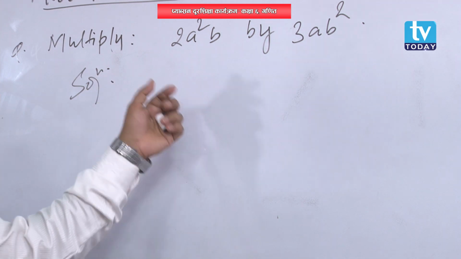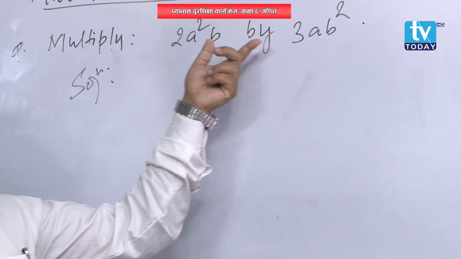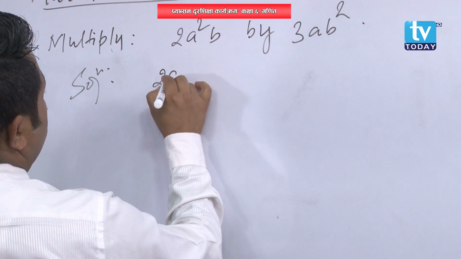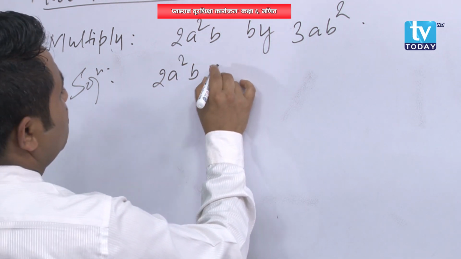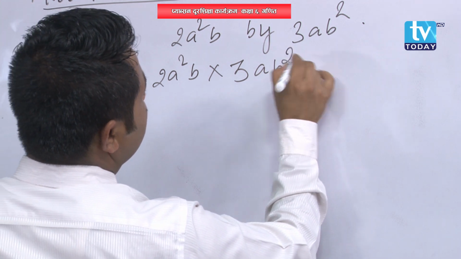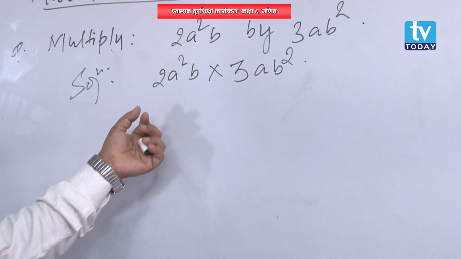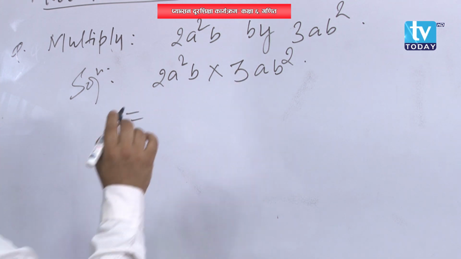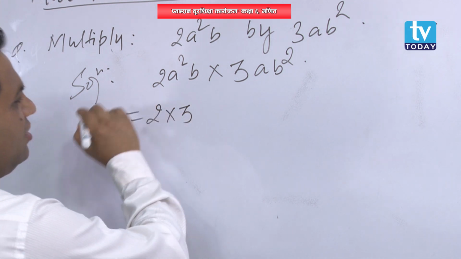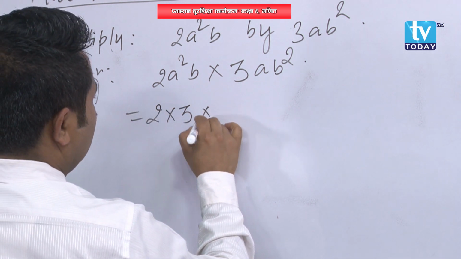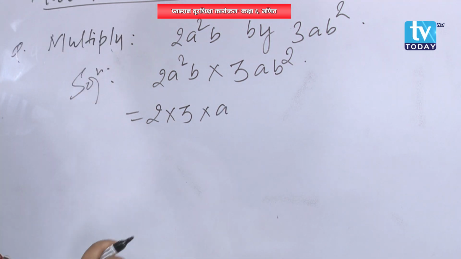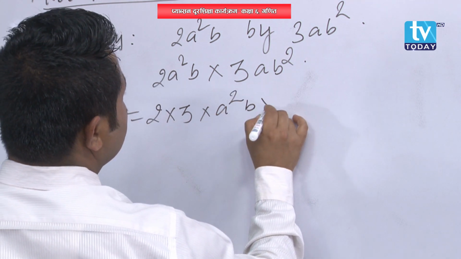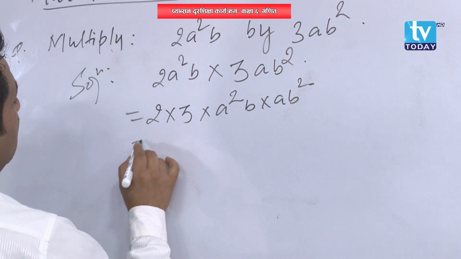Here you have to multiply 2a square b by 3ab square. 2a square b into 3ab square equals, first let's write the coefficients, that is 2 into 3, then in place of the multiplication symbol you can also write a dot, a square b into ab square. 2 times 3 is 6.